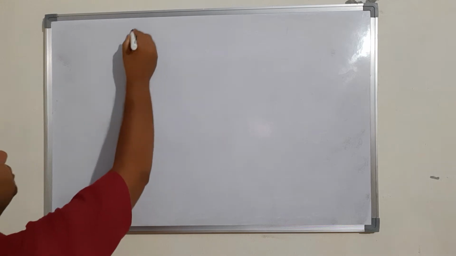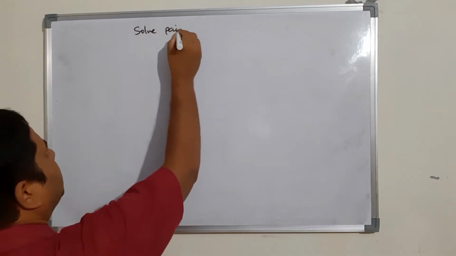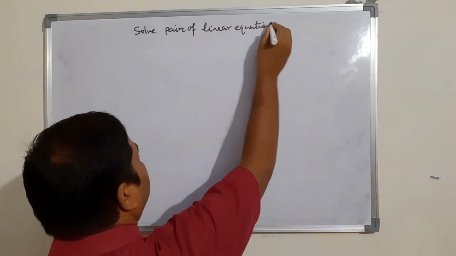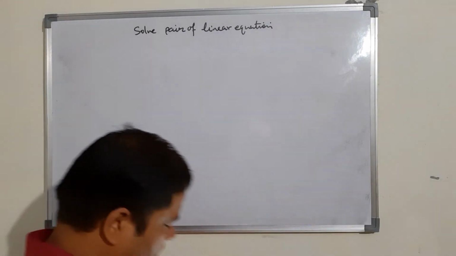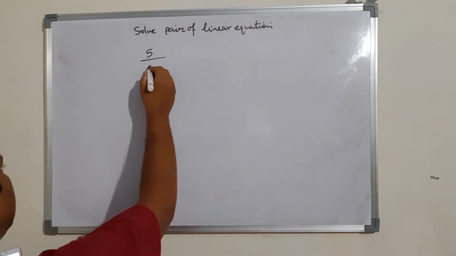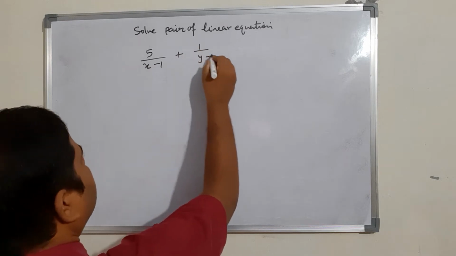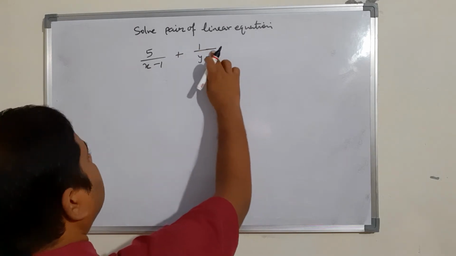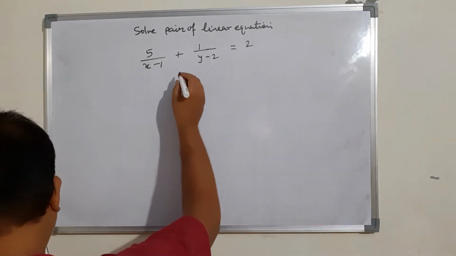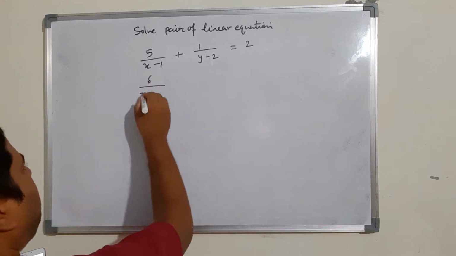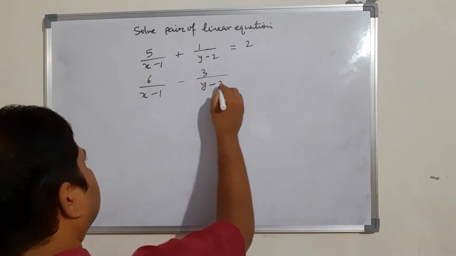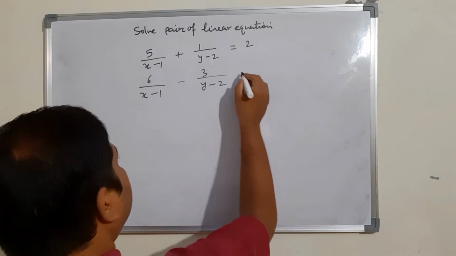Solve the pair of linear equations: 5 upon x minus 1 plus 1 upon y minus 2 is equal to 2, and the second equation is 6 upon x minus 1 minus 3 upon y minus 2, and this is equal to 1.